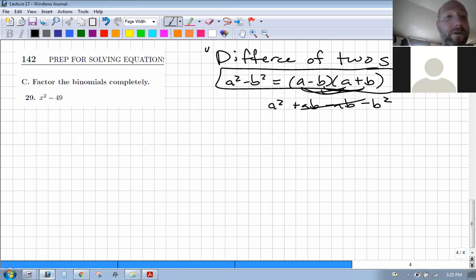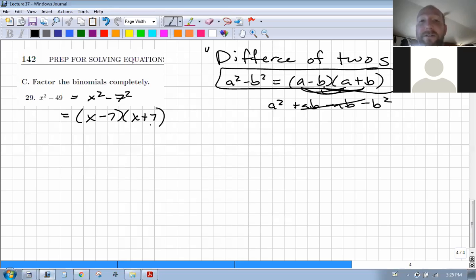When there's no middle term, when you only have the a and the c, you can do that. This is the same thing as x squared minus 7 squared. So this is x minus 7 times an x plus 7. Boom, factored. You can check your work, of course, by multiplying this back out.